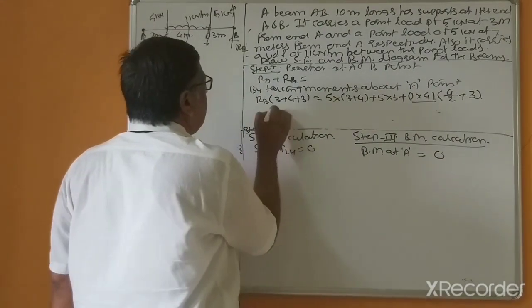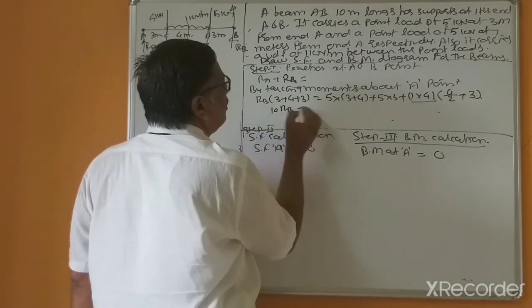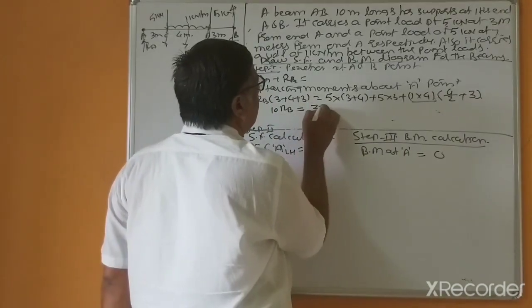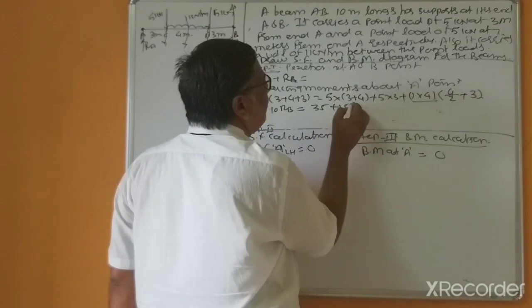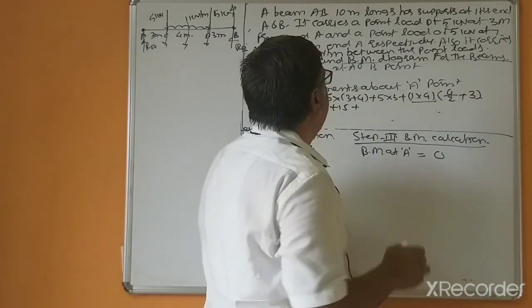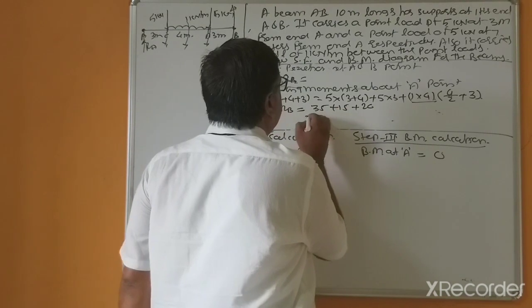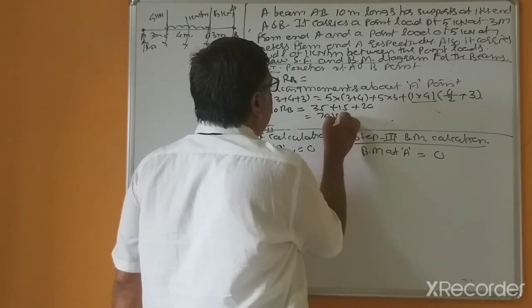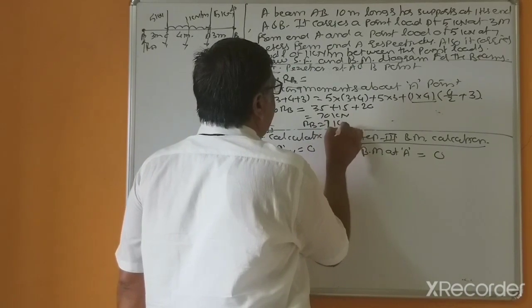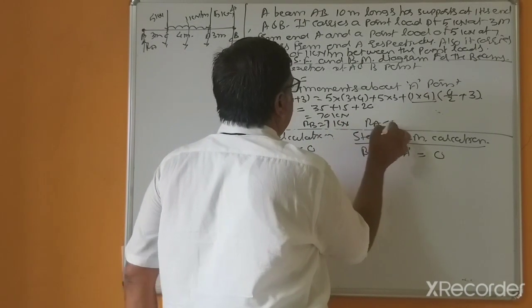That's why RB into 10 equal to 5 into 7 plus 15 plus 4 multiplied by 5, which is 70 kilonewton, or RB equal to 7 kilonewton.